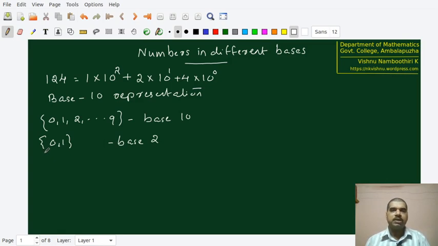And every number that we use in an expression will have a place value of that digit into some power of the base, depending upon where that digit is appearing. So in this session, precisely what we are going to do is see how to convert between different bases and understand what exactly the bases are.